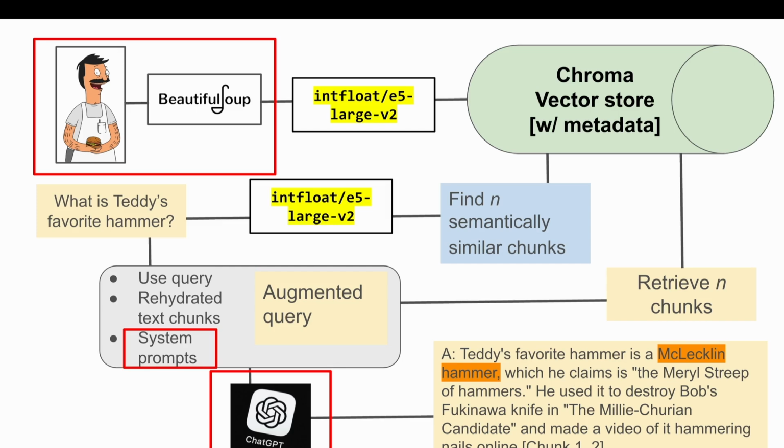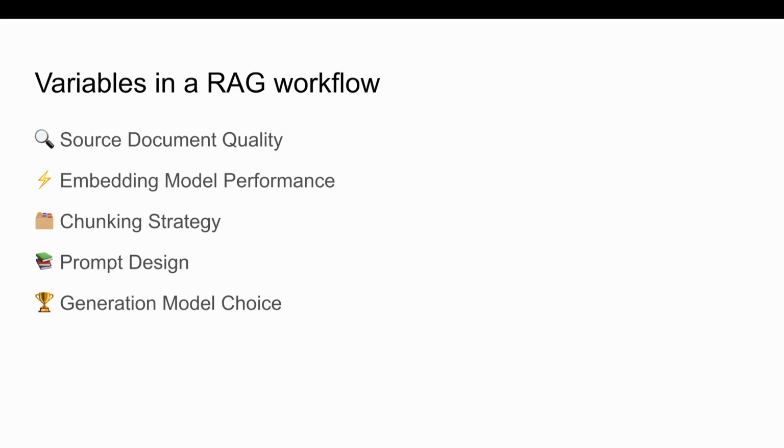And you can see all of the different pieces here that are in play when you're trying to build out a RAG system and the different things that you need to experiment with. Some of the significant variables in the workflow: source document quality is huge.